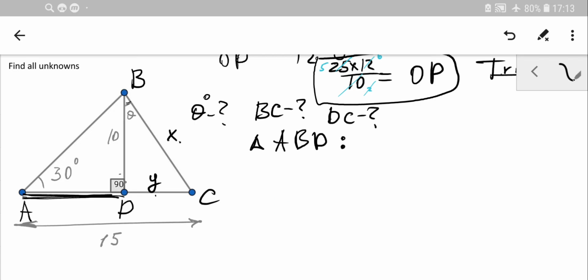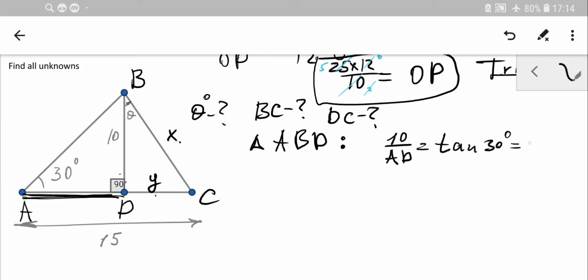So what we're going to do, we're going to say that we have 10, the opposite side, over AD, which gives us tangent 30 degrees. Go to the calculator and calculate the tangent. I've got tangent 30 is 0.57.